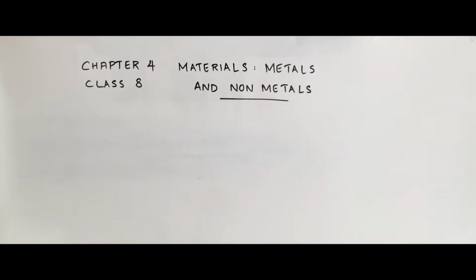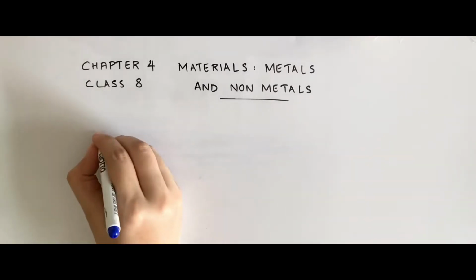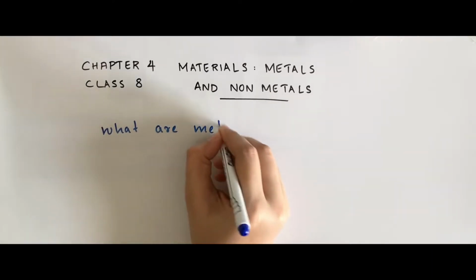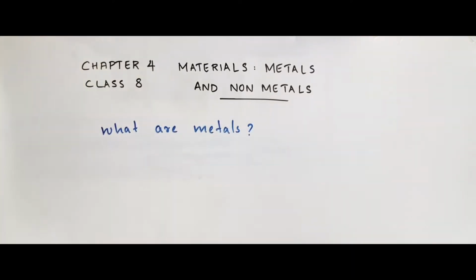Now we will see what metals are, which is the first classification of naturally occurring material. A simple definition for metals would be those materials which possess the characteristics of being hard, shiny, malleable, ductile, etc. are termed as metals.